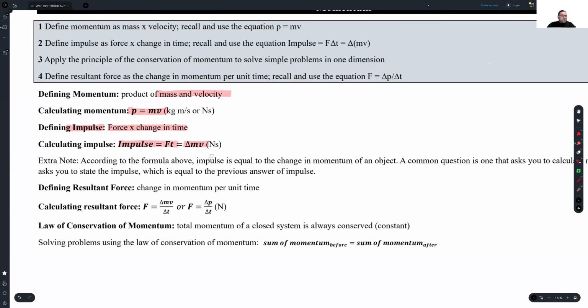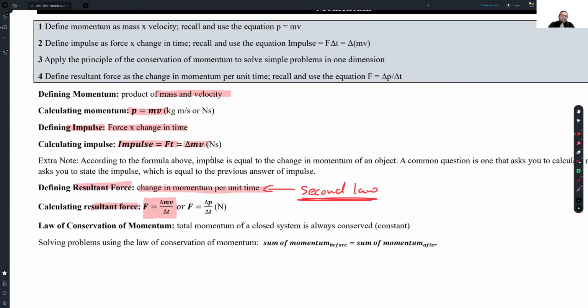What is force? Force is also defined as the change in momentum over time. This is actually the original version of Newton's second law. Because think about it, when you apply a force on something, it increases in velocity, or maybe it decreases in velocity.